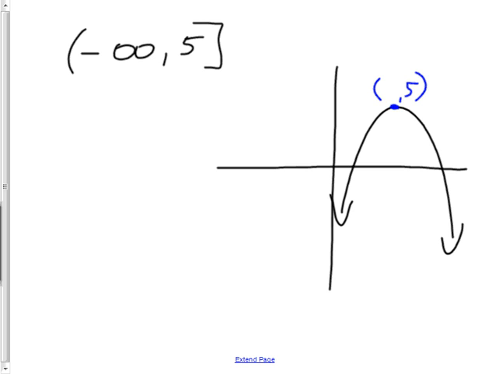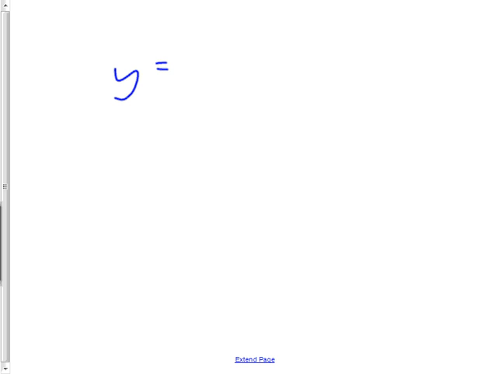All right, let me give you another one. Let's say I give you this equation: y equals -x squared plus 7. What's its range? I recommend making a sketch, but you don't have to. All I'm asking is, what's its range?